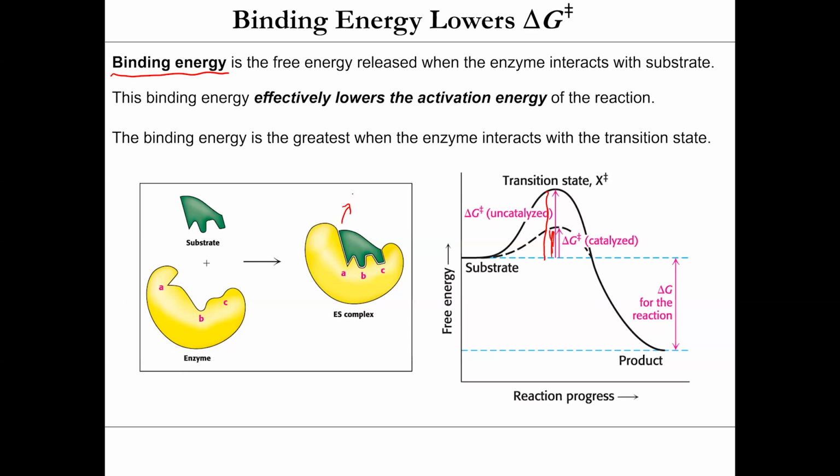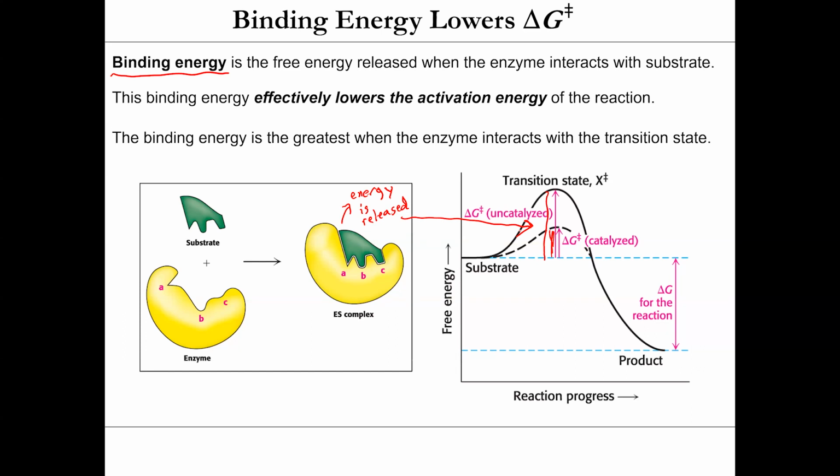Those weak interactions between the substrate and the amino acids or the cofactor on the enzyme release energy, and that results in a lowering of the delta G double cross, which is the activation energy.